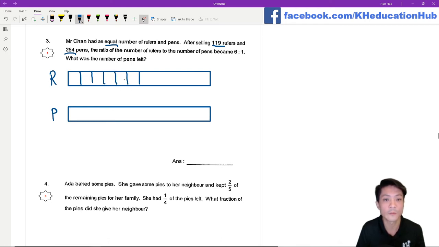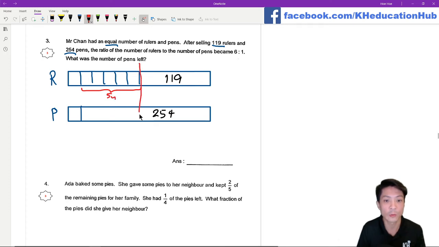One, two, three, four, five, six, 6:1. Okay, which means that this would be the 119, and over here would be the 254. Okay, now if you look over here, this is 5 units, right?